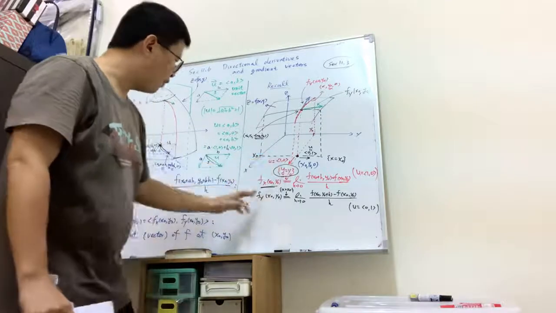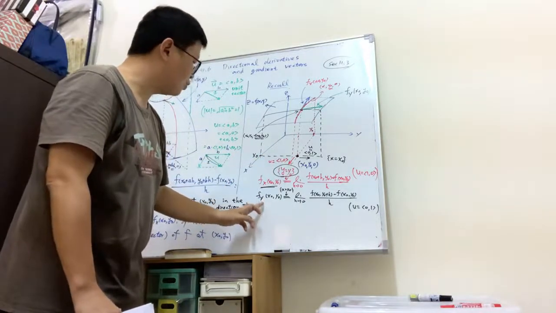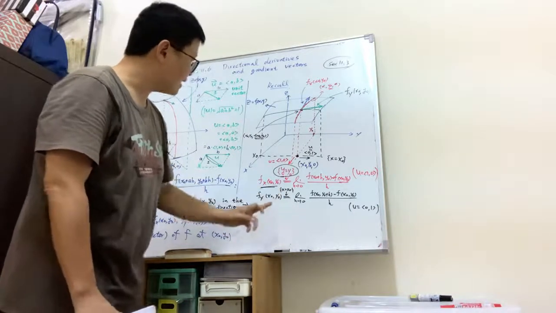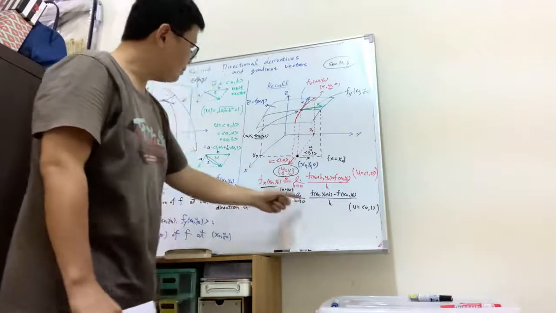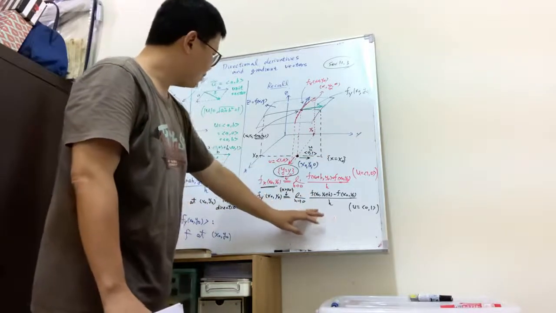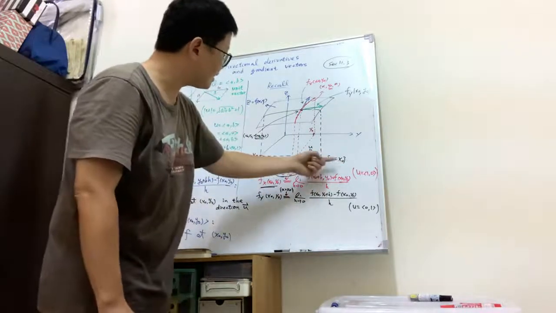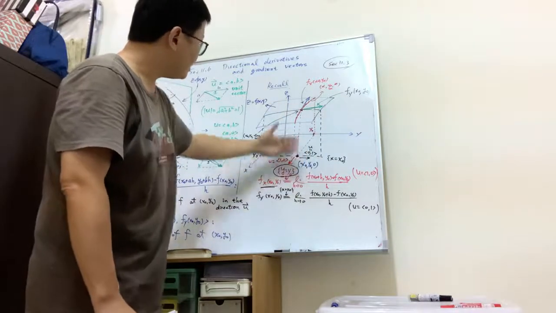And how about f sub y? If we consider partial derivative with respect to the variable y, then we fix the plane x equals x0, and its definition becomes here. So x is a constant. Now we consider the constant x equals x0, and what does it mean in the graph?